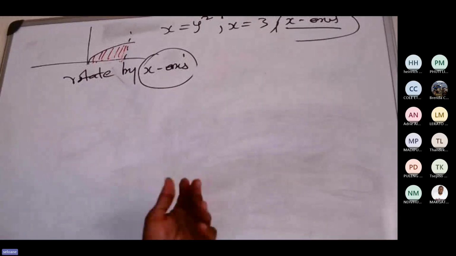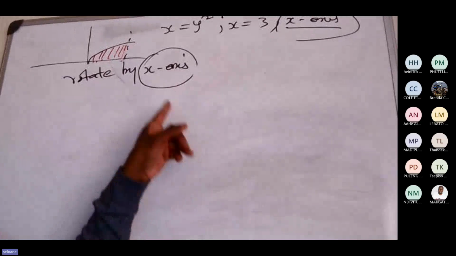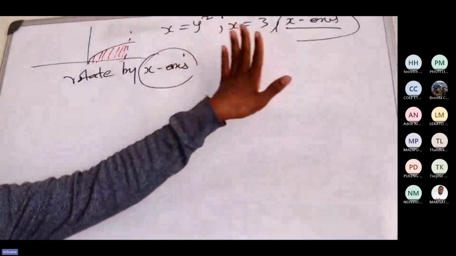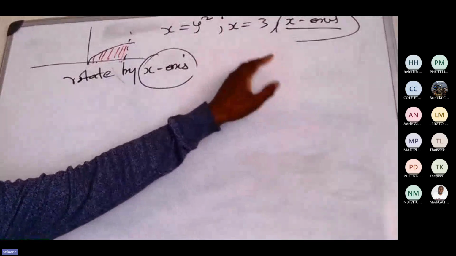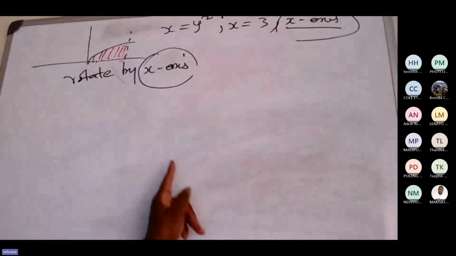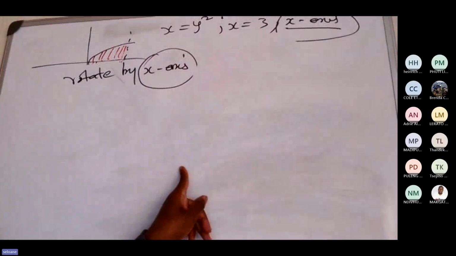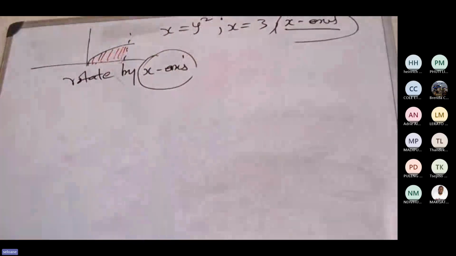So instead of doing this, the formula results will be V equal to the integral of the area, that is the volume of that one. Then you let it run from the lower limit up to the upper limit, and then you are done.